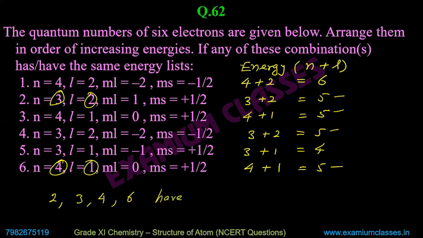In this case, don't say that filling will decide the energy. This question is not talking about filling up of the electrons. This question is talking only about energy. 3 plus 2, 5, 4 plus 1, 5, 3 plus 2, 5, 4 plus 1, 5.